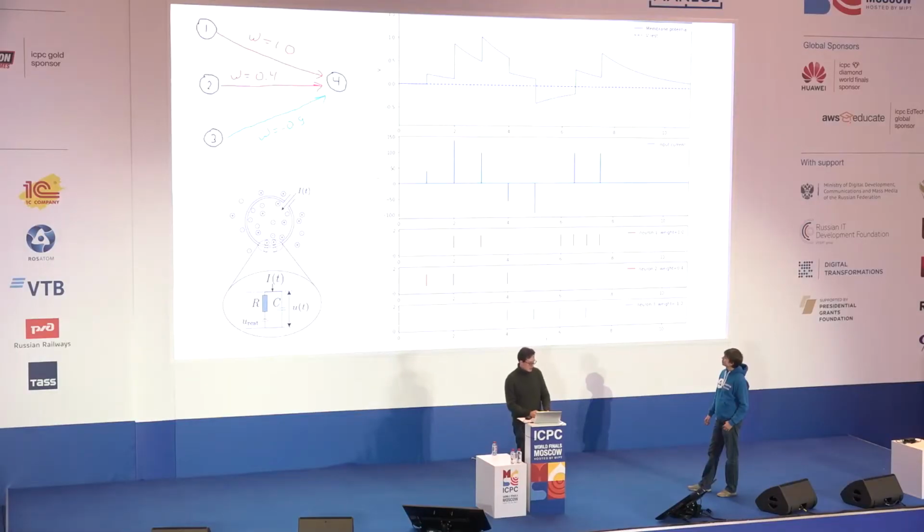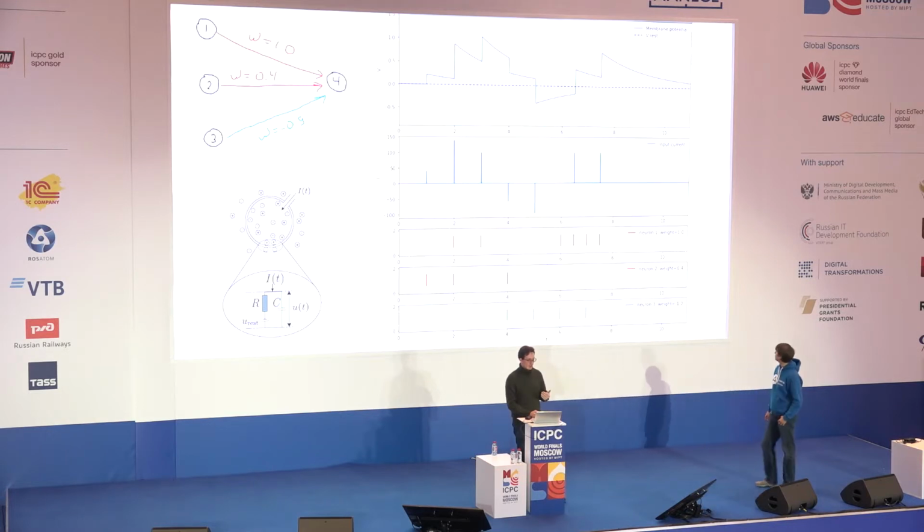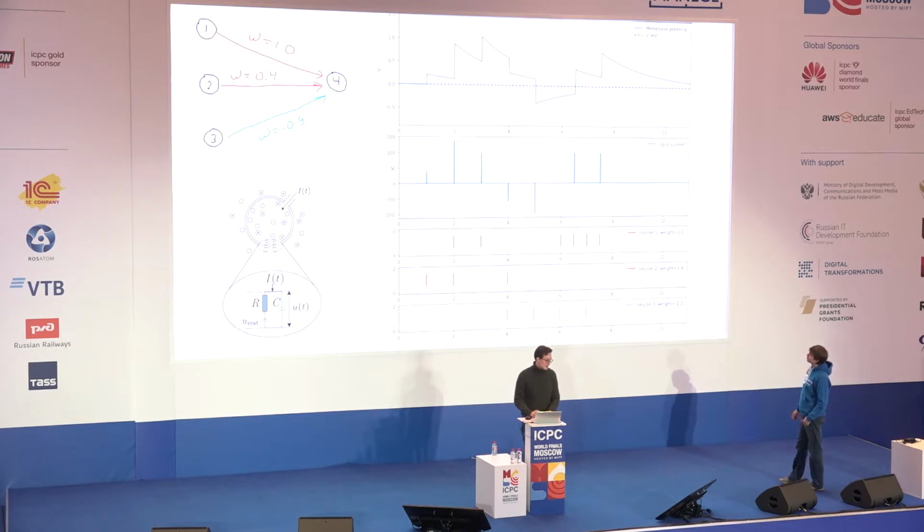Okay, now I would like to show you a numerical simulation of the behavior of membranes, of how it works. You can see in the upper left corner of the image a simple neural network. It has only 4 neurons: first, second, third, and fourth. The first 3 neurons are presynaptic neurons, and the fourth is the postsynaptic neuron.